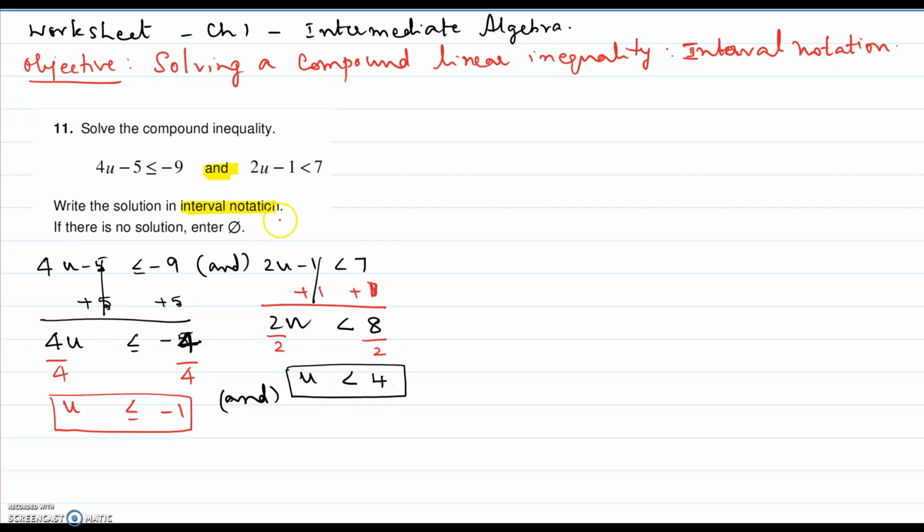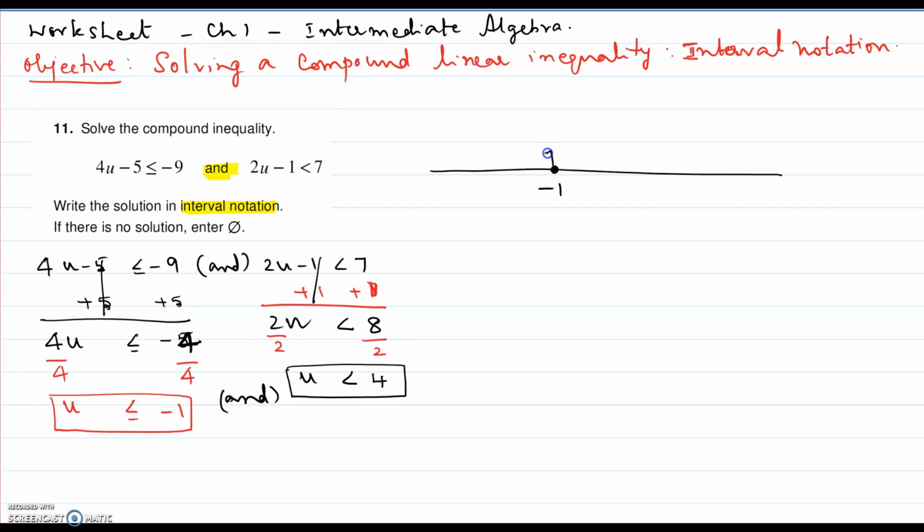Even though the question is interval notation, it's better we graph it and then interpret the graph for the interval notation. So let's draw the number line roughly. So negative 1 is the first number. So let's mark negative 1 with a solid dot. u less than or equal to negative 1, the first inequality, which means all values to the left of negative 1.